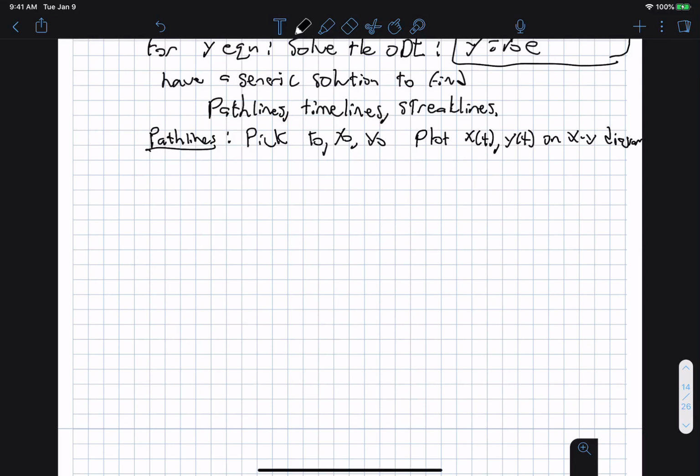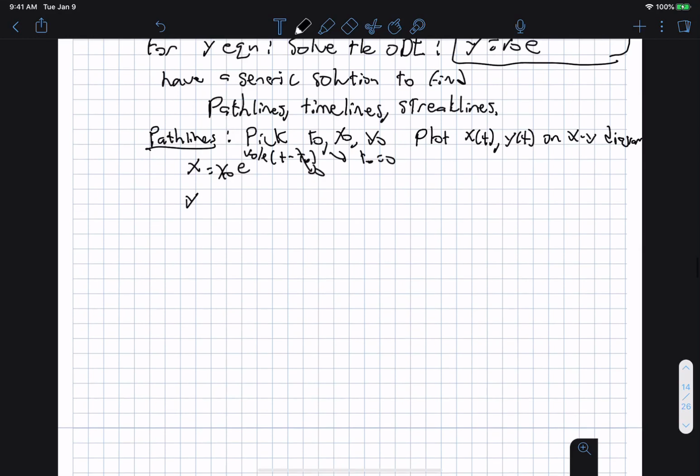Okay, now in this case the solution is quite simple, so you can actually eliminate time, and I'll do that right here. So we have x equals x naught e to the v naught over L times t minus t naught, which is 0 because the release time is 0. We want the path line, and so we pick t naught equals 0.